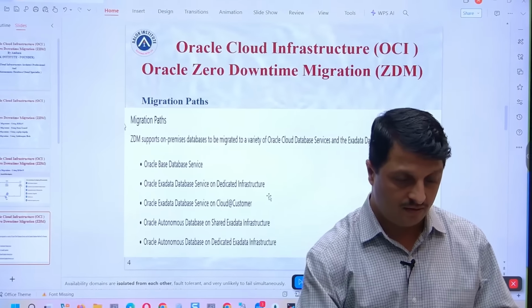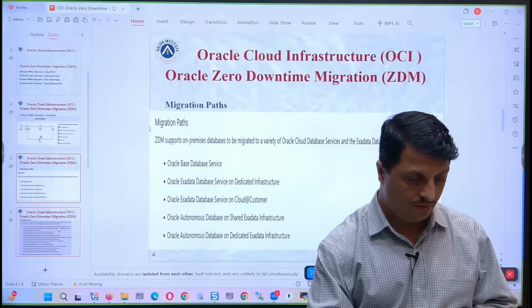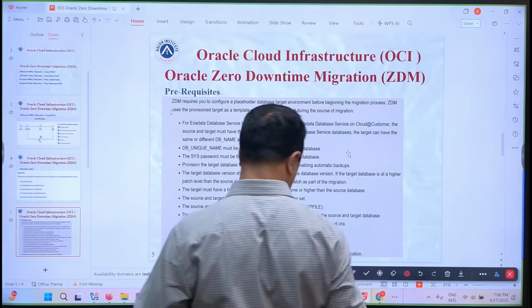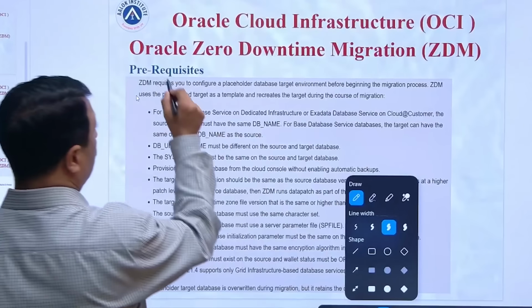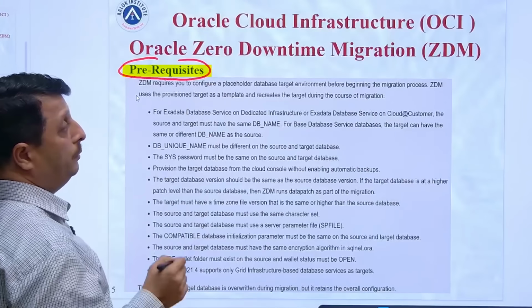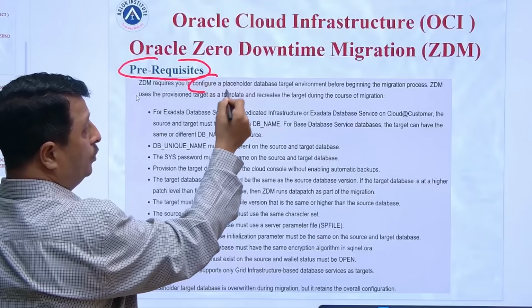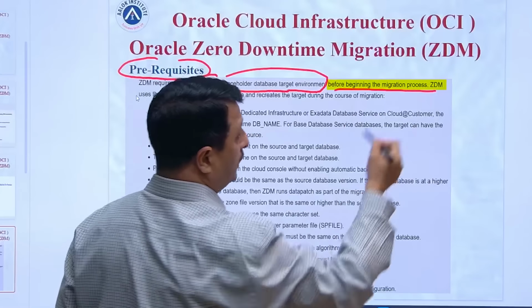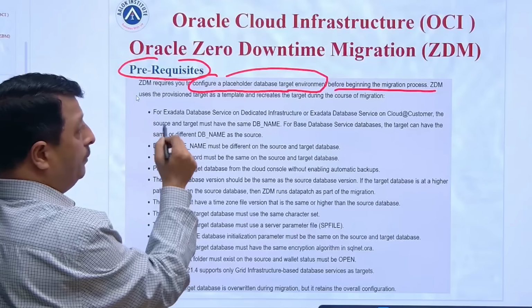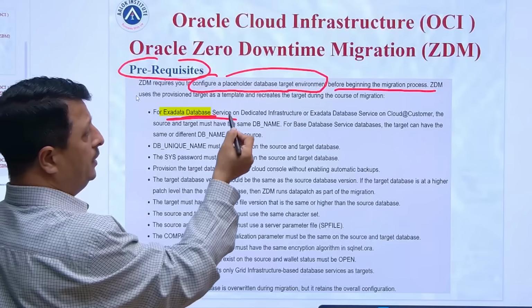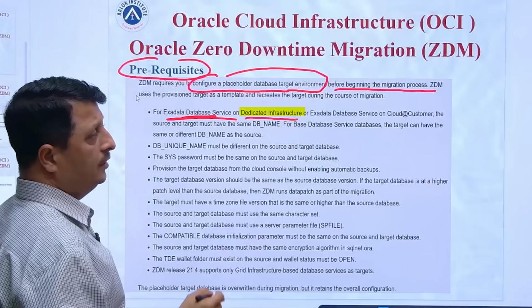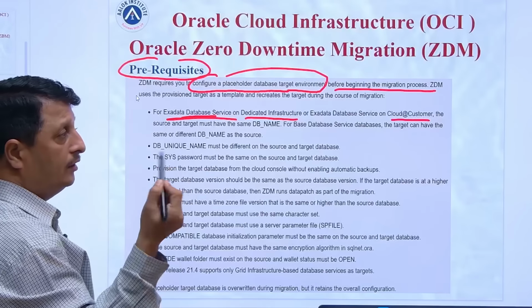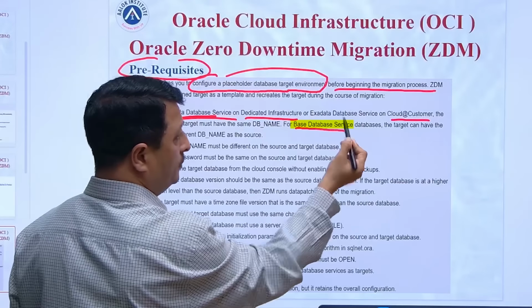Next point. Here I mentioned some prerequisites we are supposed to remember. We call it configuring the placeholder database. This is what I keep referring to in the target before beginning your migration process. Your target database can be an accelerator database, maybe on dedicated infrastructure, or at cloud at customer, or the base database service.